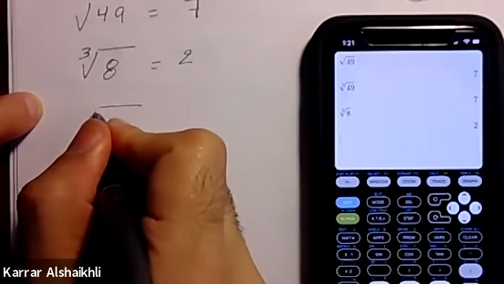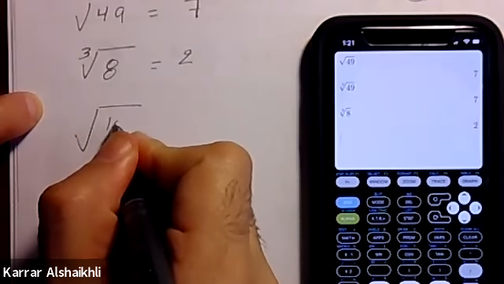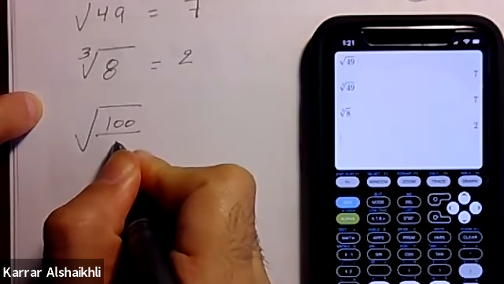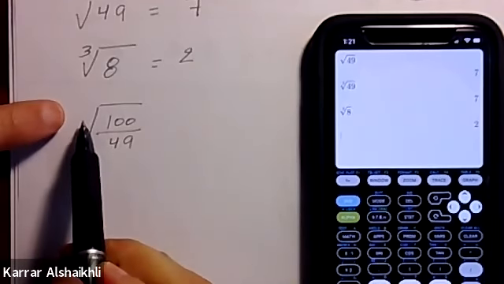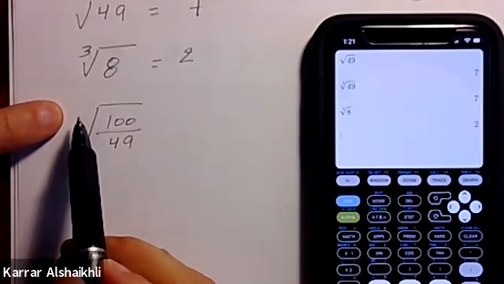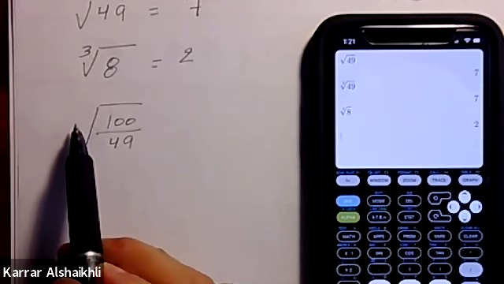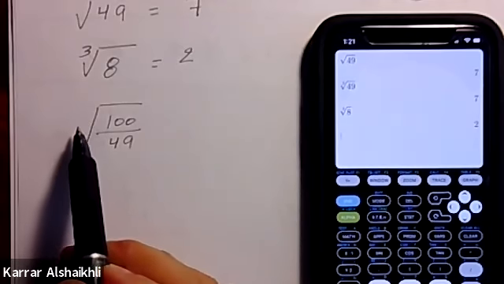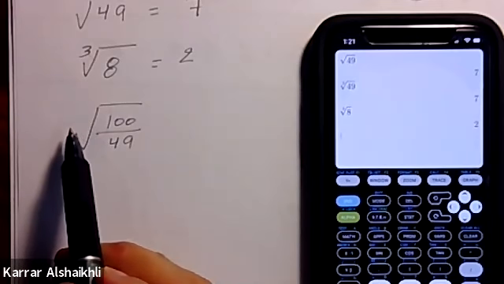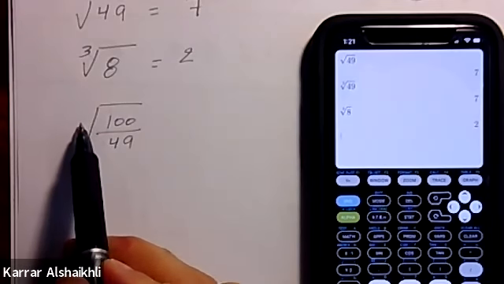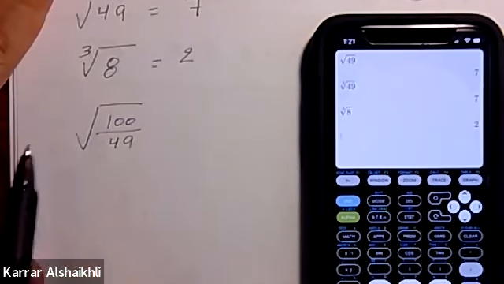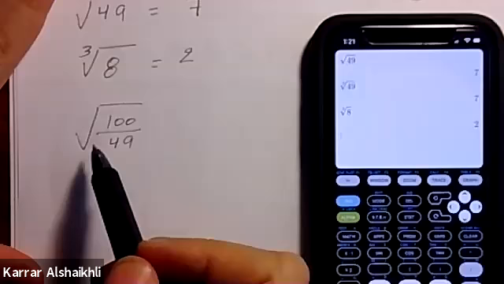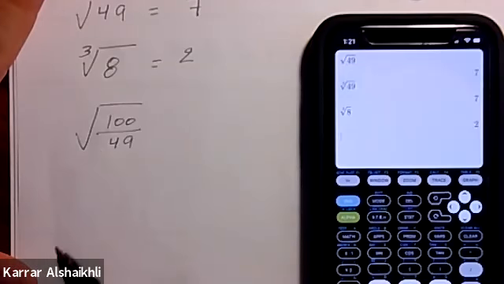What about if you have to find the square root of 100 over 49? In this example, if there is no number here, it's a square root. That means the number is 2, but we don't have to write down 2 because the roots start from square root, cubic root. So if there is no number, that means the square root, which is number 2. In this case, you can't use the calculator because it's going to be a decimal.